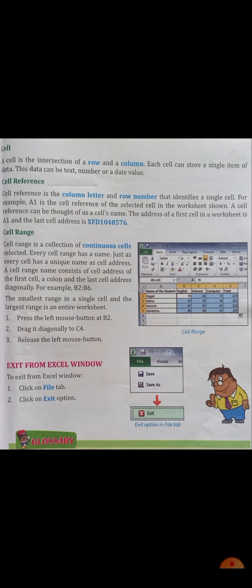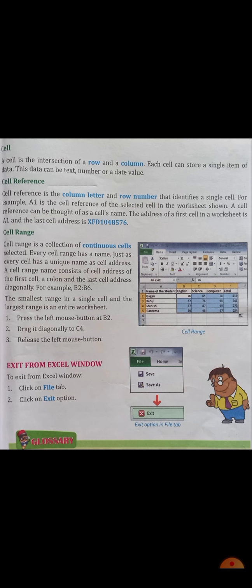Cell range means the cells which you have selected, children, while performing any kind of action in MS Excel. Cell range helps us understand which cells you have continuously selected. If I say B2 to B6, which is the example they have given, it means I have selected cells B2 to B6.